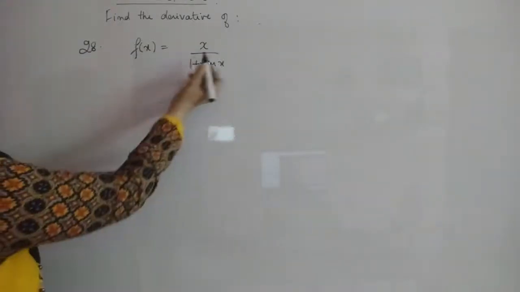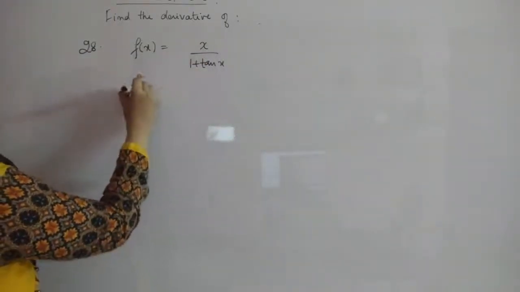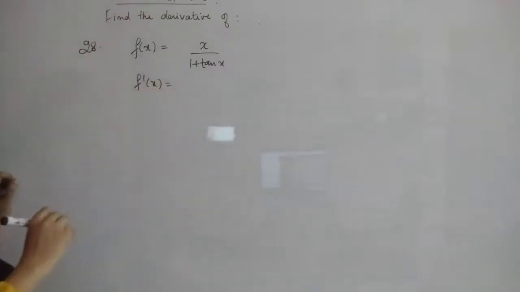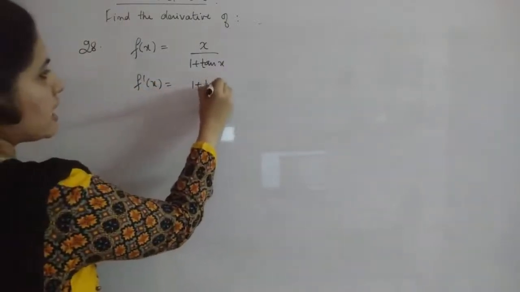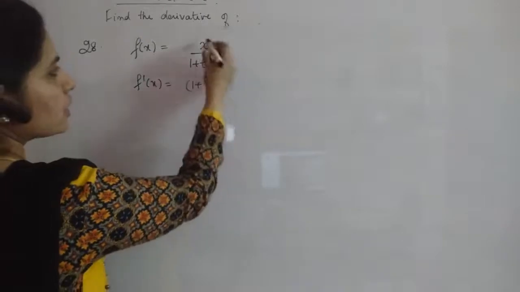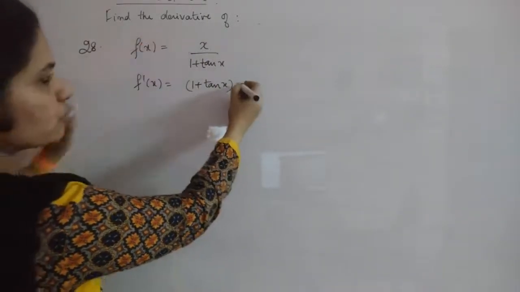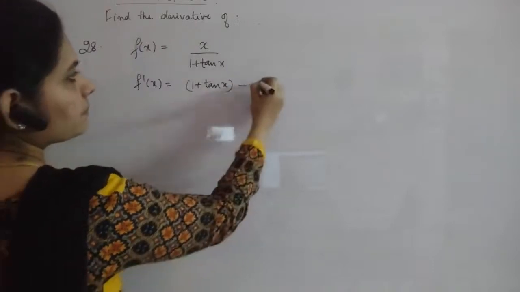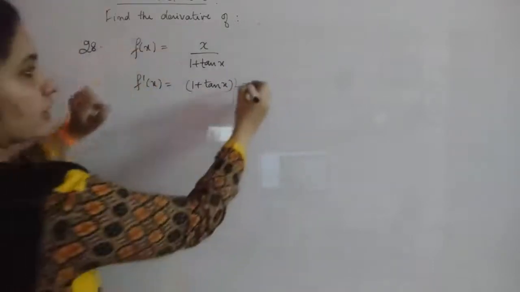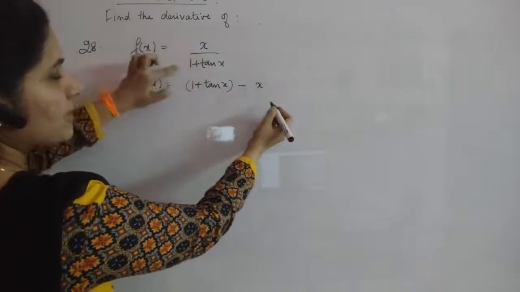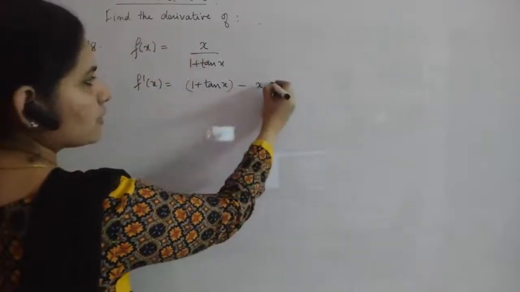Okay. Yes, x by 1 plus tan x. f dash of x, again you have to use quotient rule, which is 1 plus tan x, that is the denominator, into the derivative of numerator, that is derivative of x, which will give you 1, minus numerator into the derivative of 1 plus tan x. Derivative of 1 plus tan x will give you what?